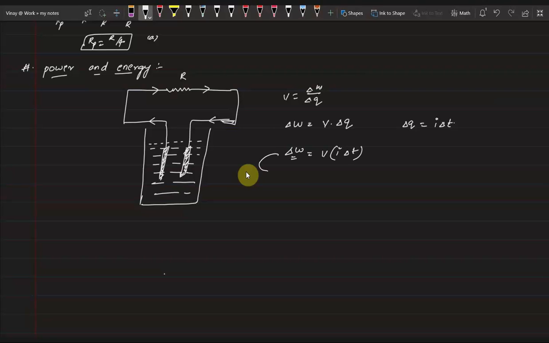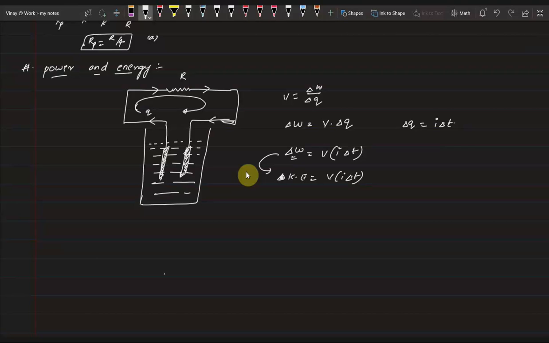This delta W can also be taken as kinetic energy because the charge is flowing along the cell like this. So I'll take the kinetic energy as V into I into delta T. Now I will take the change in kinetic energy, because change in kinetic energy is nothing but work done.